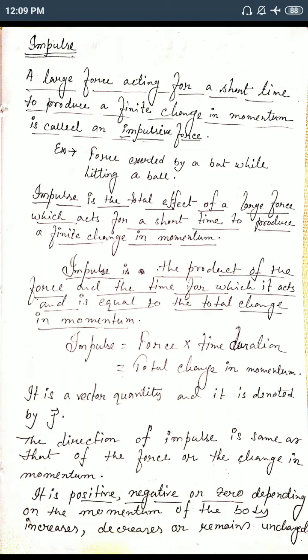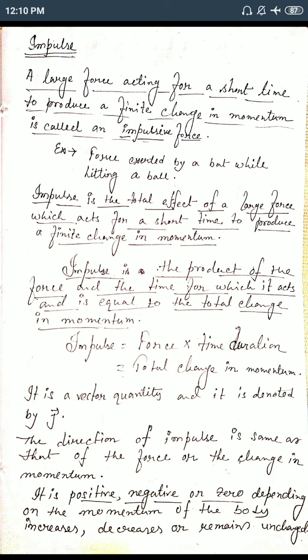Suppose for 1 second or 0.5 second, it applies a large amount of force and produces a finite change in momentum. Then that type of force is called impulsive force. Force exerted by a bat while hitting a ball: when the ball is thrown by the bowler, it applies a large force on the bat, or we can say action and reaction.